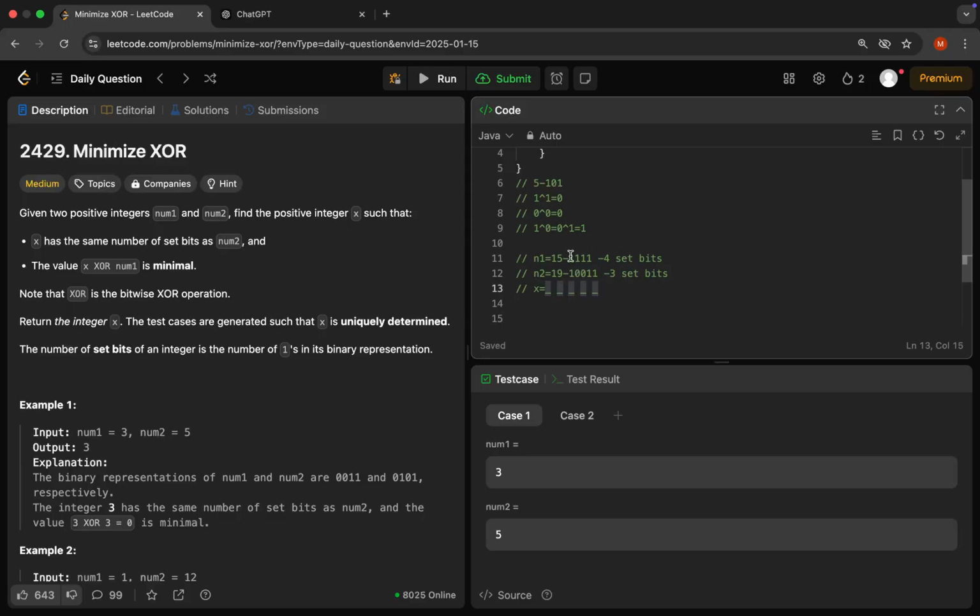Okay, so we will go from the left to right, and we will try to make them 0. How will they become 0? Let me make a 5-bit number. If it is 0, then there is no requirement of any set bit.